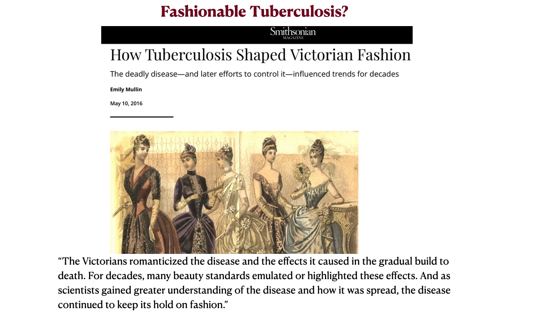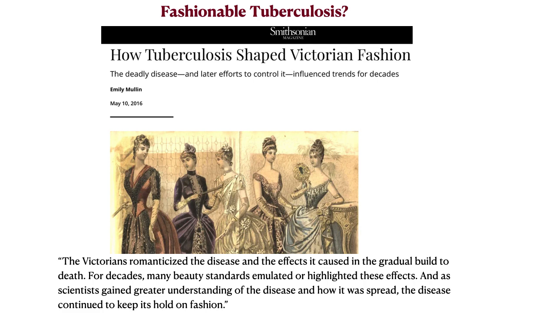The Victorians romanticized the disease and its effects in the gradual build to death. And basically, what this would mean would be very pale, sort of translucent skin, very slender appearance, basically from people wasting away. And somehow this got incorporated into the culture. At least many scholars say so.